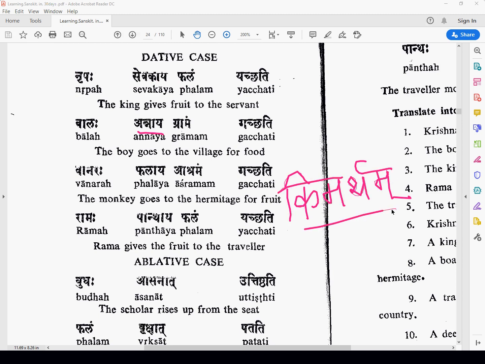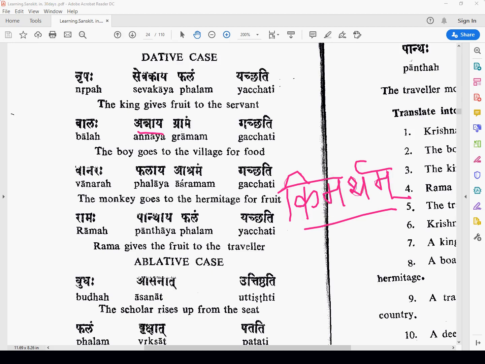Kimartham Gachati. Kimartham literally means for what purpose. Kim Artham, two words together, one word. This is the most frequently used in such cases, instead of Kasmai.